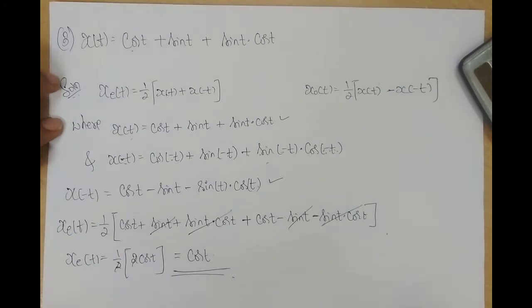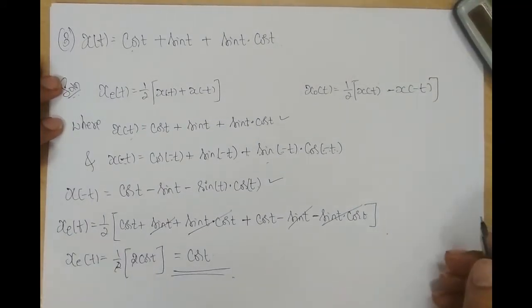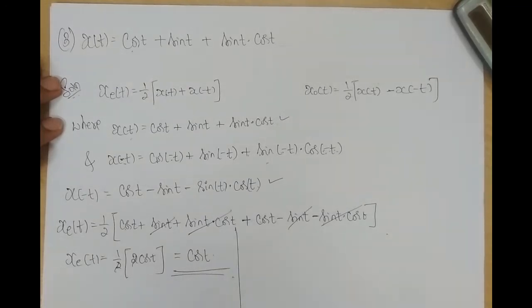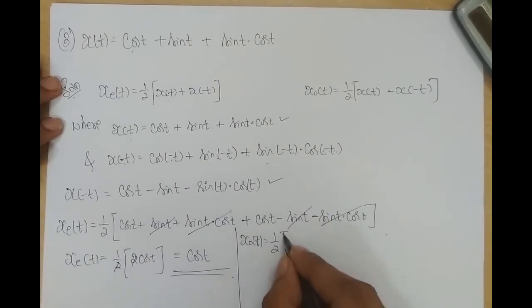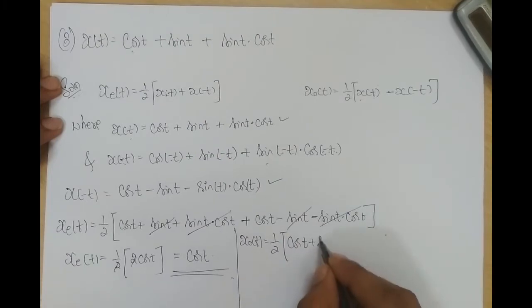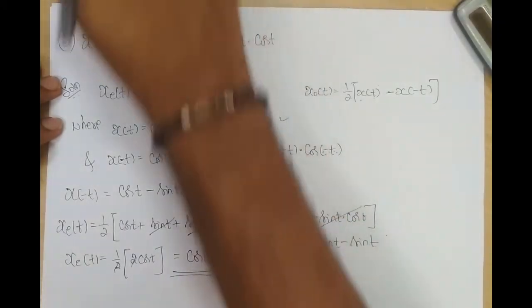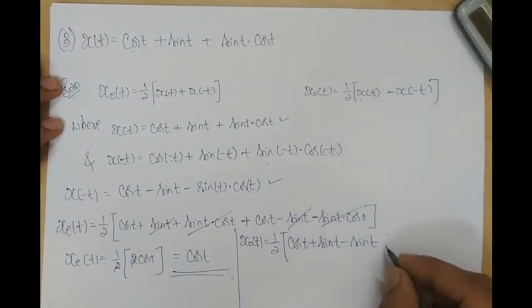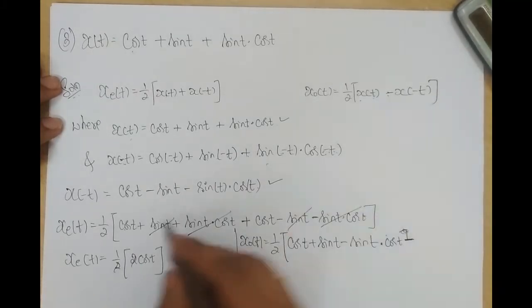Now, to find the odd component, let me start from here. So x o of t is equal to 1 by 2 times x of t, and x of t is cos t plus sin t plus sin t into cos t, minus of x of minus t.